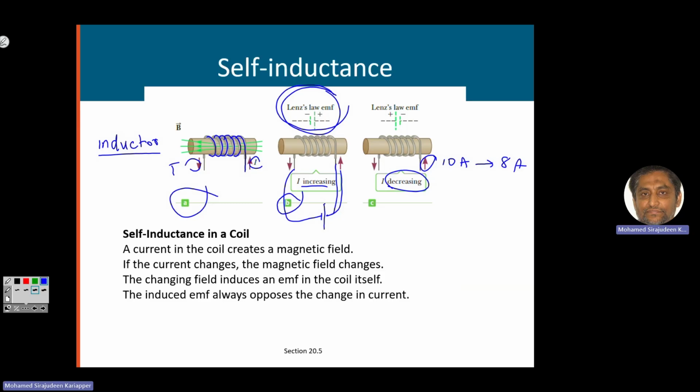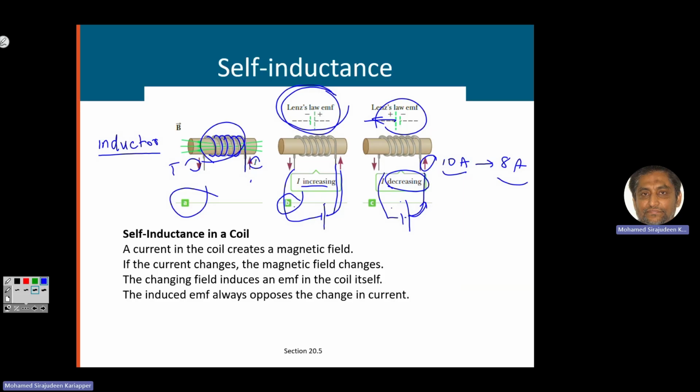With the battery sending current this way, there will be an induced EMF in the same direction as the current, because you reduced it from 10 to 8 amperes. It puts in the extra 2 amperes that were lost by having an induced EMF in the same direction as the external battery. So in the two cases here, there is no induced EMF when the current is not changing.